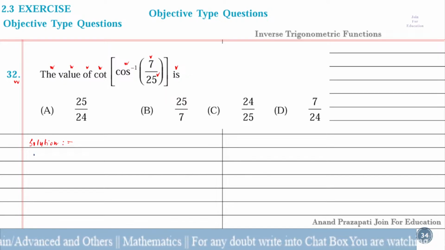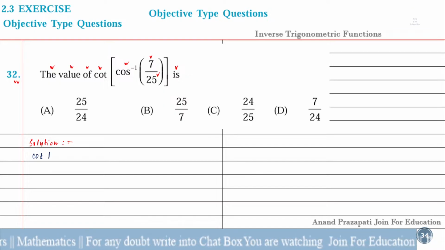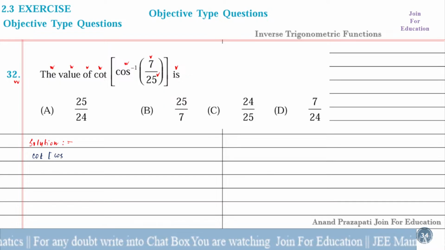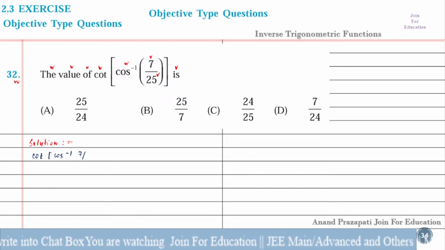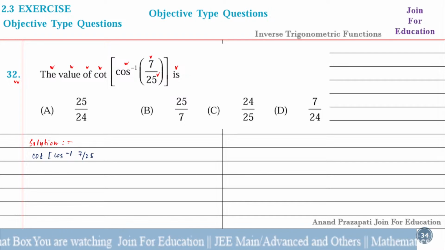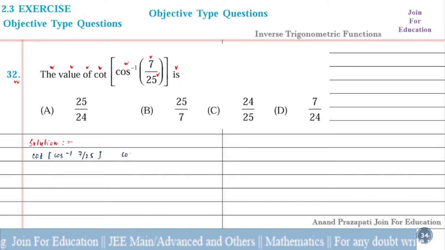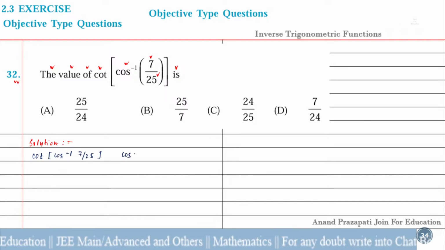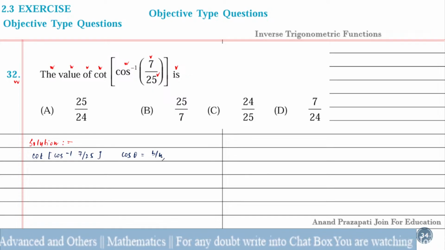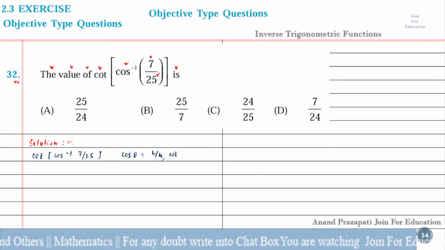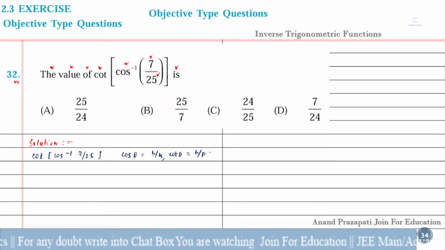So, cot cos inverse 7 by 25. We know that cos theta equal to b by h, and cot theta equal to b by p.